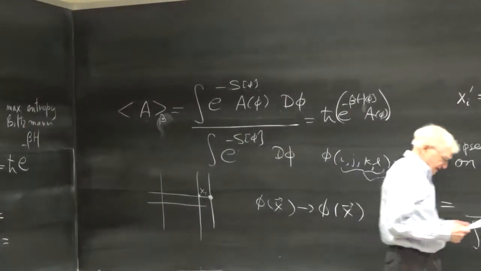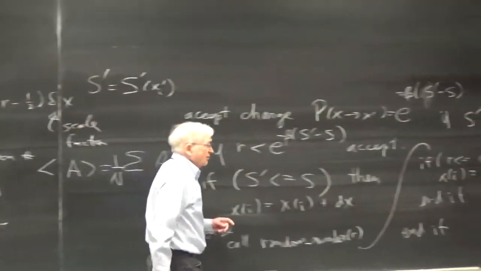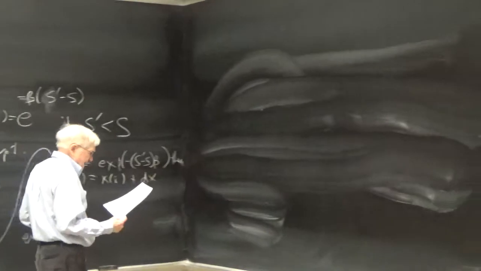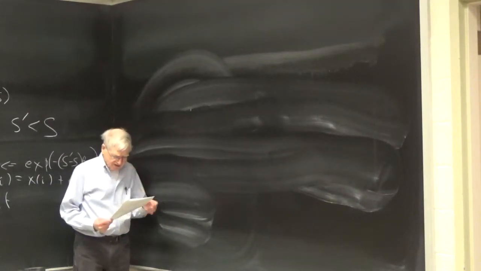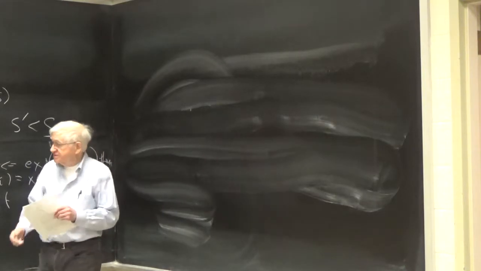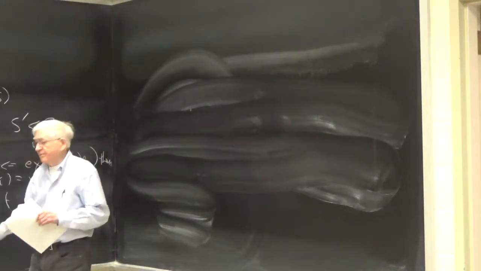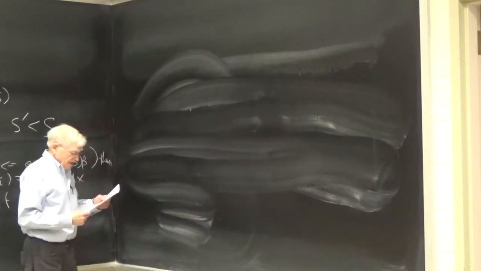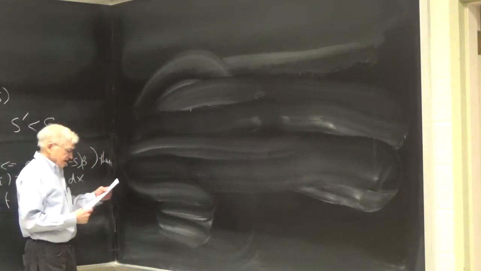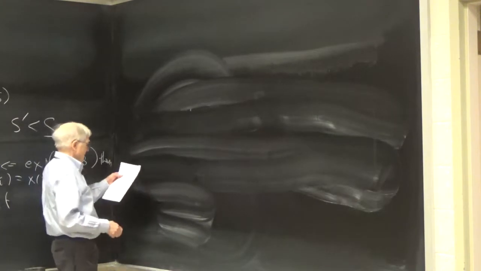Now, the thing that I haven't quite explained is why this works, and that is to say, why this Metropolis step leads to the right answer. And so let me try to do that.